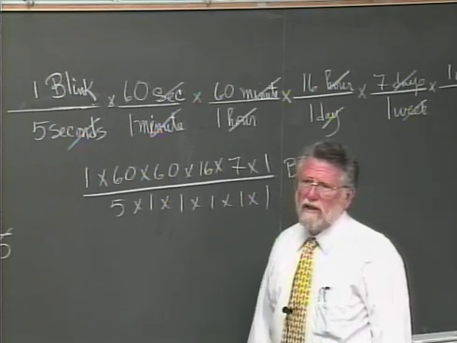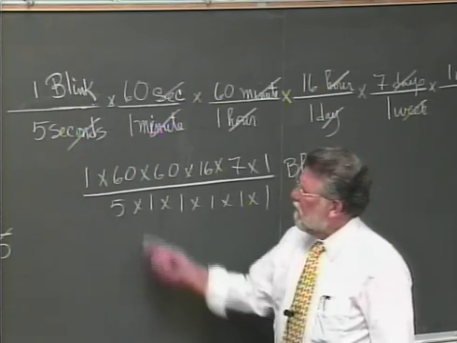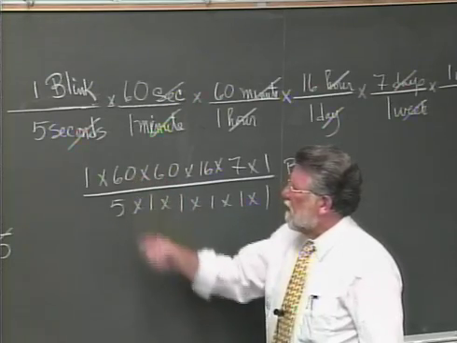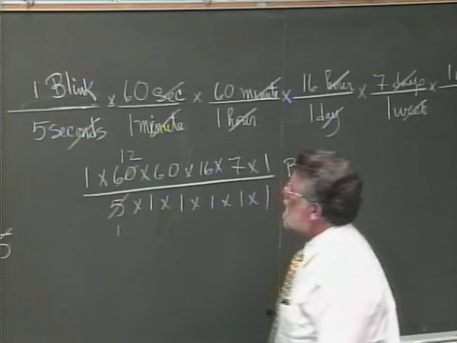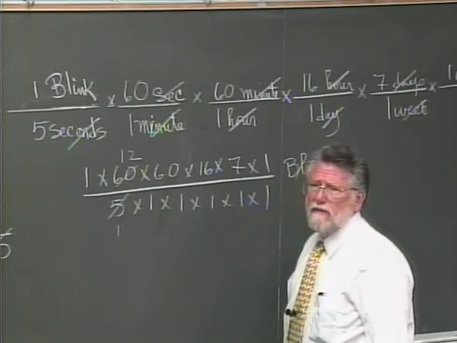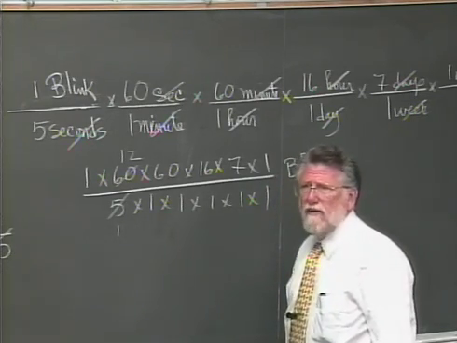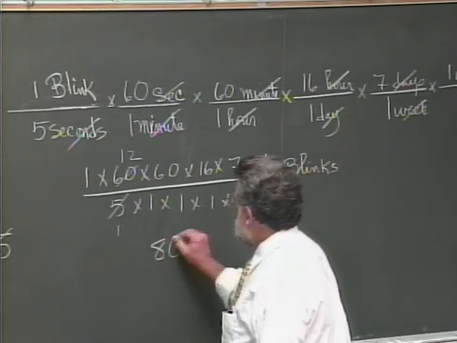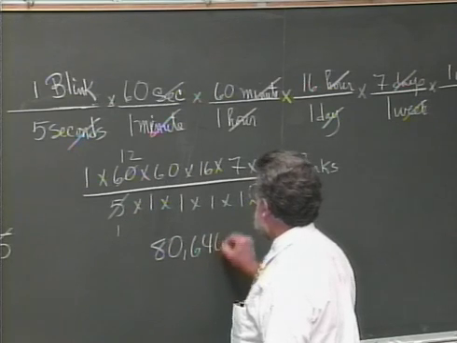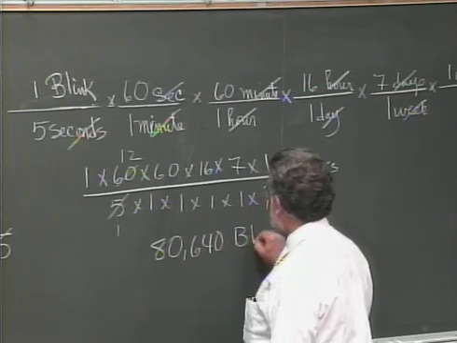Okay, so fortunately, we can cancel the 5 if you wanted and say that'll go 12. And then all you have to do is multiply 60 times 12 times 16 times 7. Adrian, you said you have a number for me. 80,640 blinks.